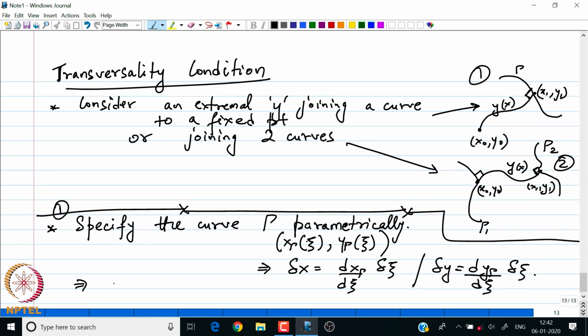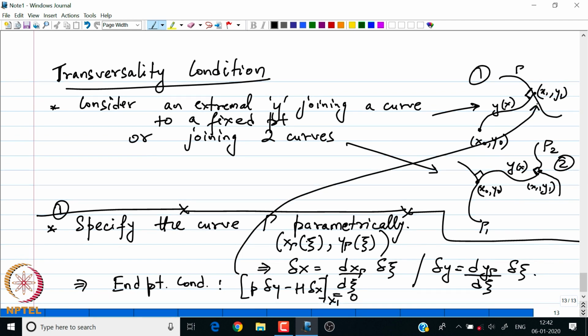So, I specify the curve parametrically such that delta x is this and delta y is this. In this case let us look at my endpoint criteria. My endpoint criteria condition becomes p delta y minus h delta x at the point x1 is equal to 0, right. This condition is applicable at this particular point x1.